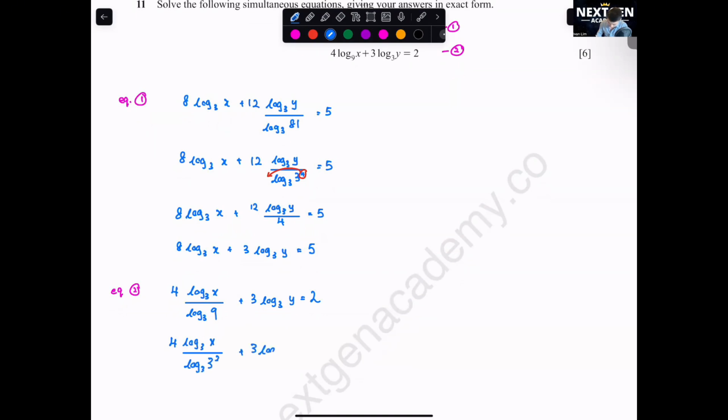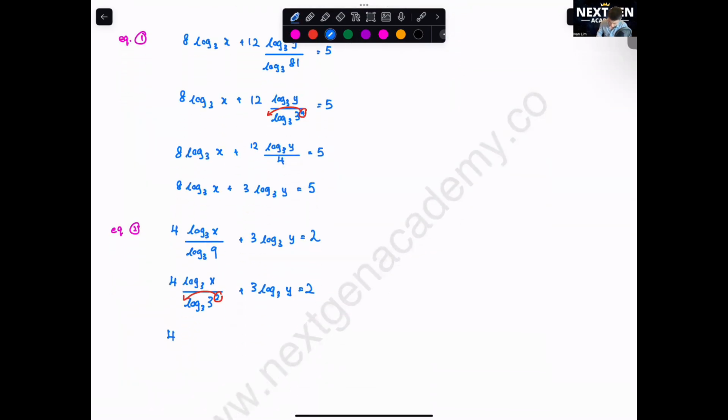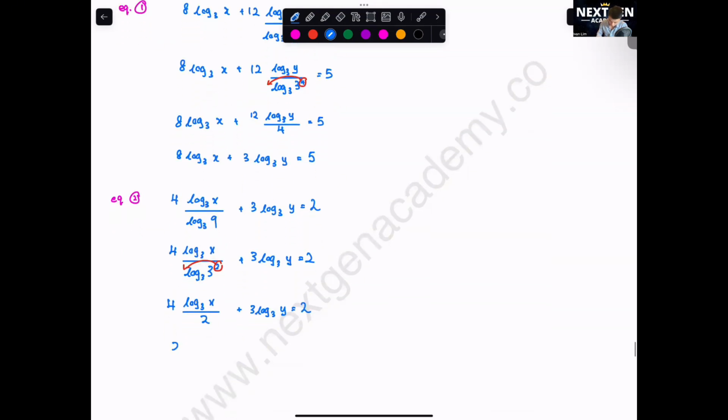The 2, we bring in front. So 4 log 3x divided by 2 plus 3 log 3y equals 2. 4 divided by 2, we get 2 log 3x plus 3 log 3y equals 2. So we got 2 of these equations.